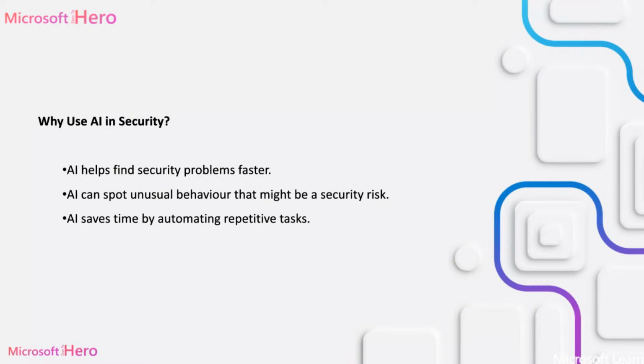And finally, AI saves time by automating routine tasks. Things like checking for software updates or scanning for weak passwords can be done automatically by AI. This lets a security team focus on bigger, more important problems instead of spending time on routine tasks.